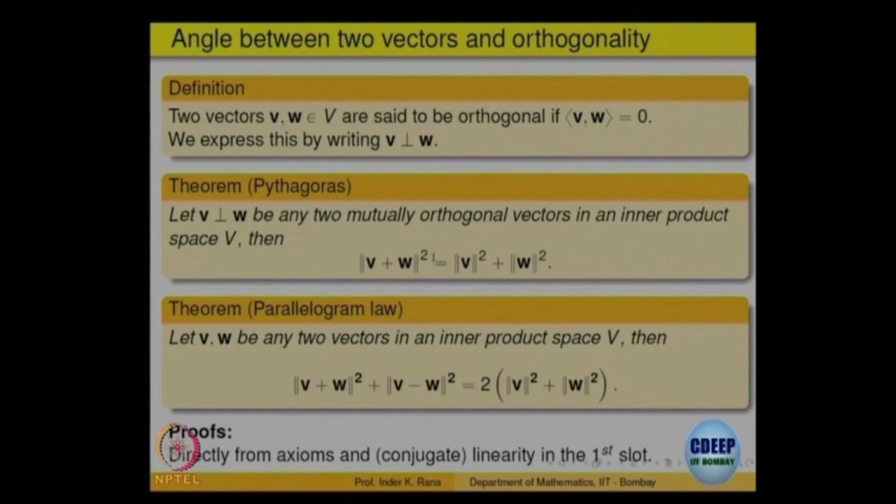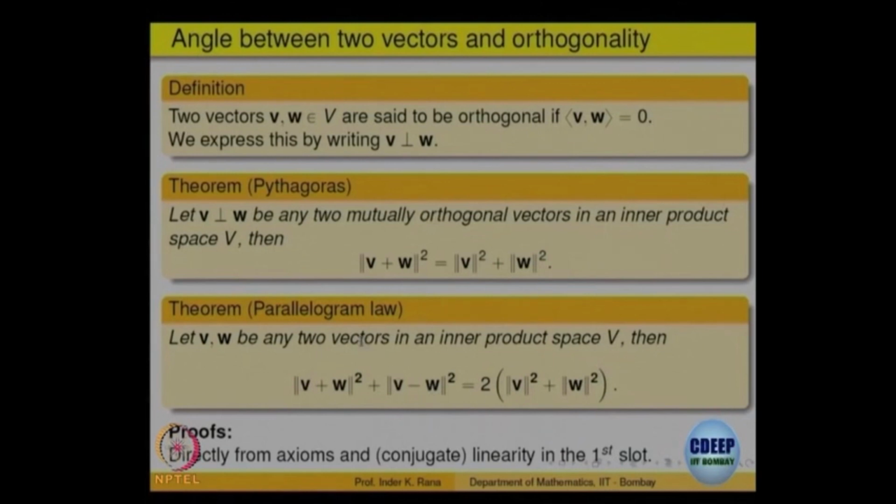The proof is straightforward. You write this norm squared, expand it as the dot product of this with itself, open it out, and because of perpendicularity the cross terms will be 0. So you will get only this much. That is the standard proof.